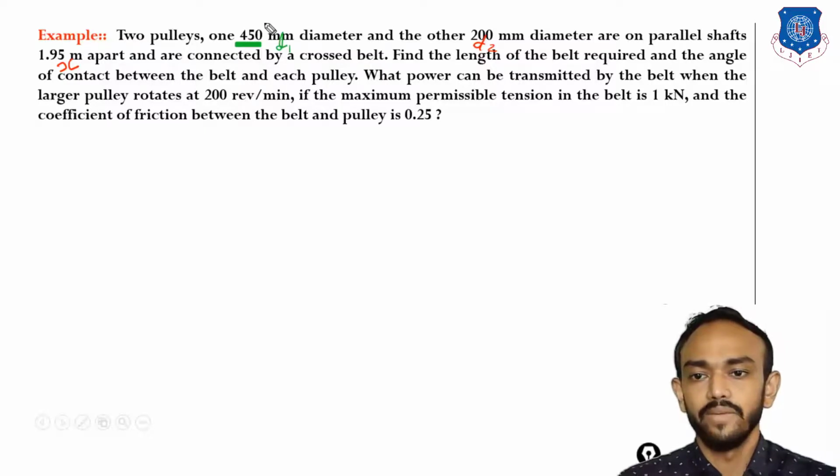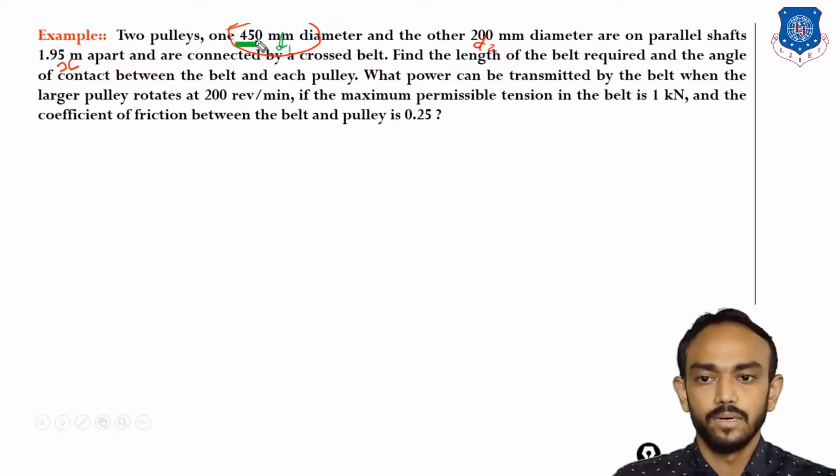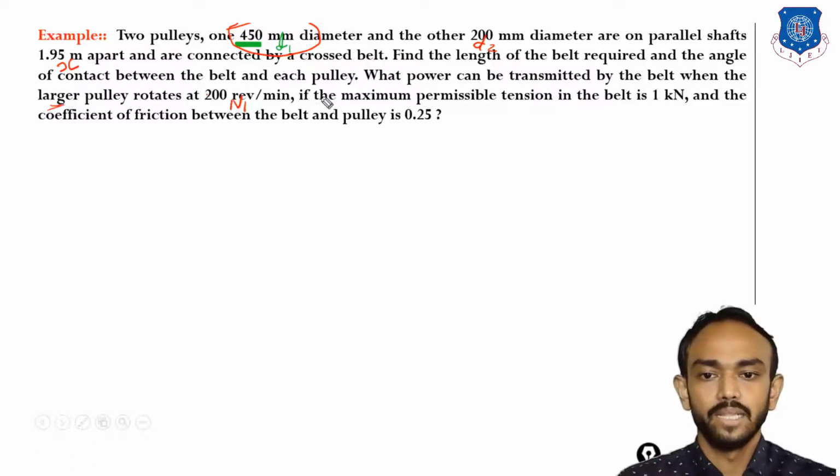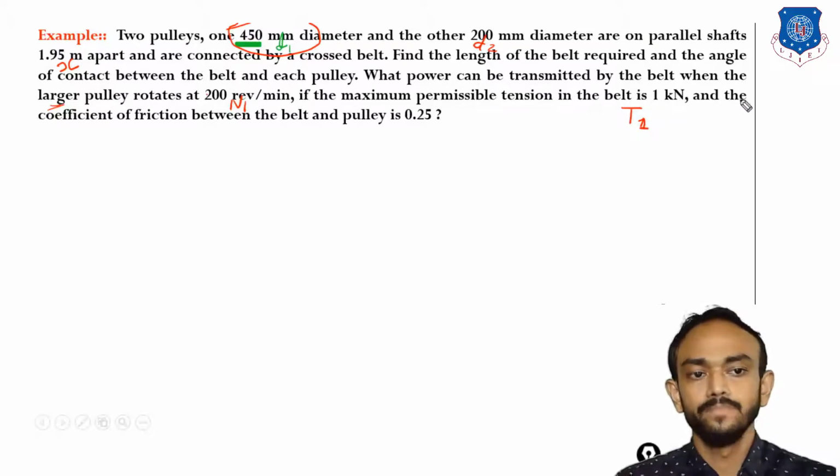If you are giving the number D1 for the 450, so this larger pulley means this RPM we have to consider as N1. And the maximum tension is given, so this is the tight side, maximum tension in the tight side, T1, is 1 kilonewton, and the coefficient of friction, mu, is given.